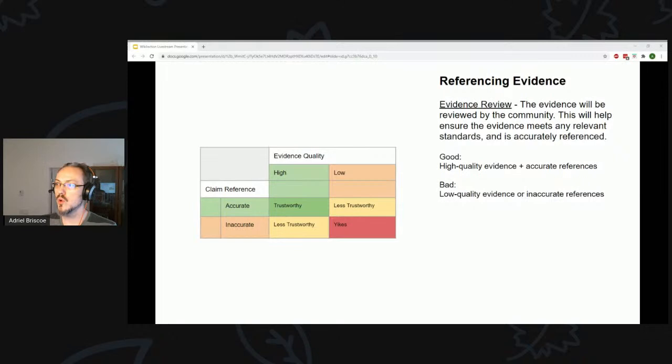But the goal is to be able to say, hey, the evidence that's supporting this certain claim, is it good or not? Is that actual scientific study good? Does it meet the necessary criteria for trustworthy science?